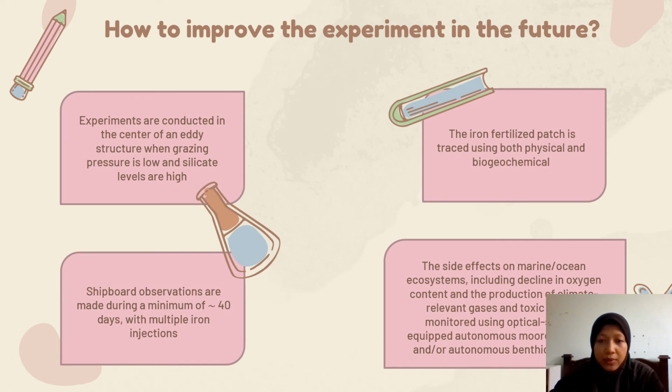Fifth, shipboard observations are made during a minimum of 40 days with multiple iron injections. Sixth, use both physical and biogeochemical methods to trace the iron fertilization patch. And last but not least, monitor the side effects on the marine ecosystem, including decline in oxygen content and the production of climate-relevant gases and toxins, using optical sensor-equipped autonomous profilers and/or autonomous benthic vehicles.